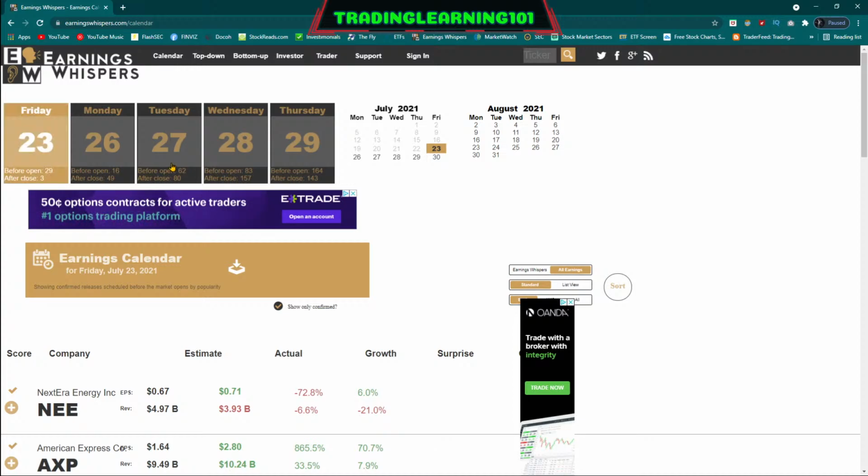Then as we go into next week, look at all these companies putting earnings out. By Wednesday, we're at over 200 companies are putting earnings out. Over 200. And on Thursday, we're at 300 companies putting earnings out. So we're into the heart of earnings season. Be cautious next week, guys.